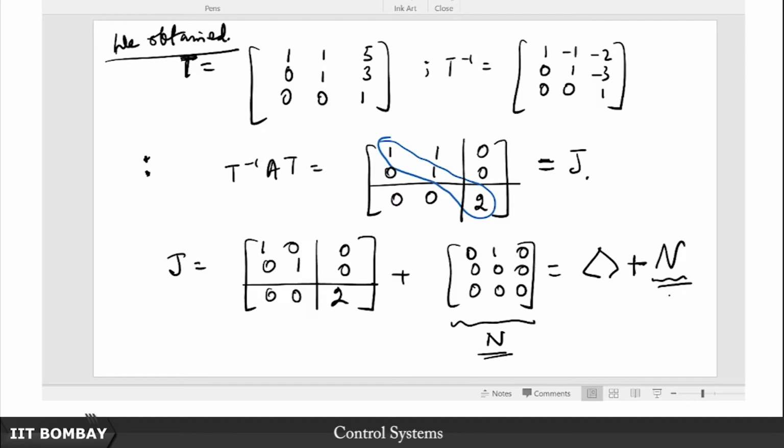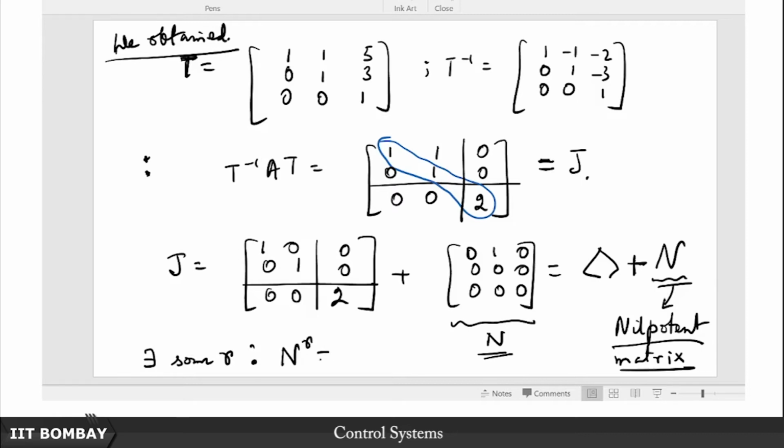Well, it turns out that this matrix is something that we call in linear algebraic parlance a nilpotent matrix, which means that if you raise it to a sufficiently high power, so there exists some r such that N to the power r will be identically the 0 matrix. So that is a nilpotent matrix.